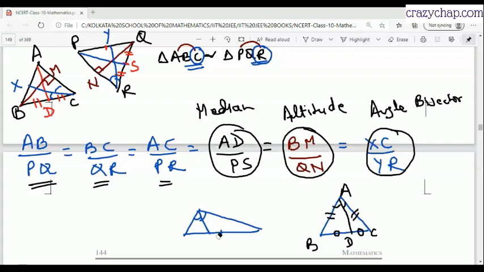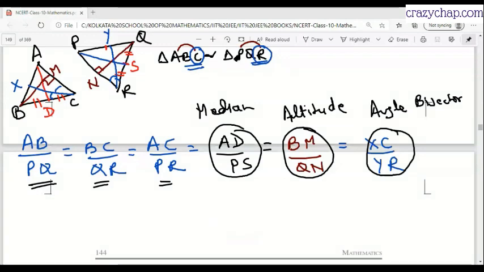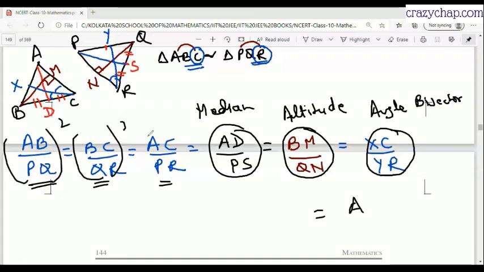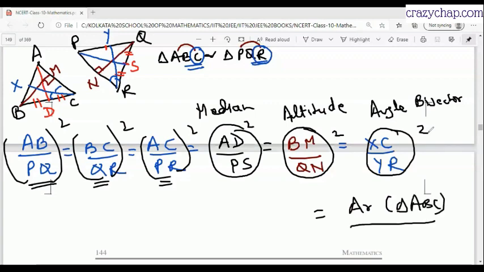And I'm extending this information: because all these ratios are equal, the squares of these ratios will be equal to the ratio of the area of triangle ABC and the area of triangle PQR. Does that make sense? That's very nice.